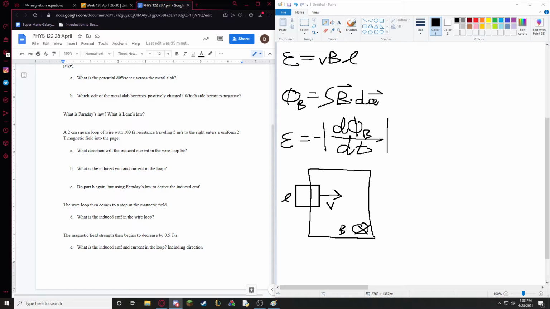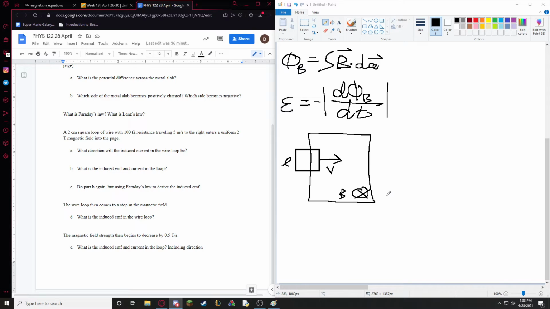First of all, let's start with the magnitude. Let's do B first and then go back to A. How do we find the magnitude of our induced EMF? So the practical way of doing it would be you add up all the EMFs of all the line segments included, but realistically only one of the line segments has an EMF.